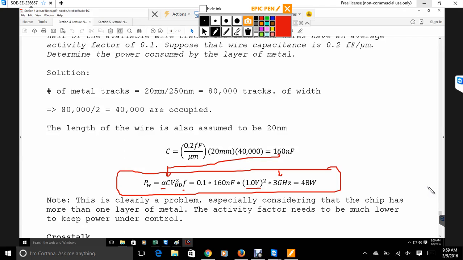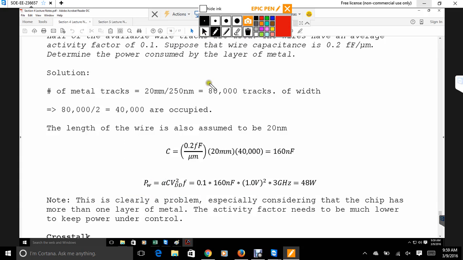When you reduce your switching factor, this significantly pulls down your power consumption. And by having different metals and not using up the whole sheet, that significantly reduces your capacitance. That ultimately would bring down your number of tracks.